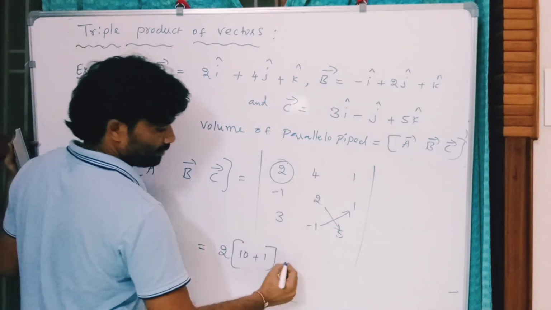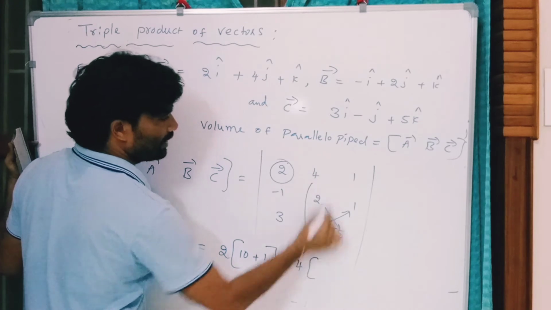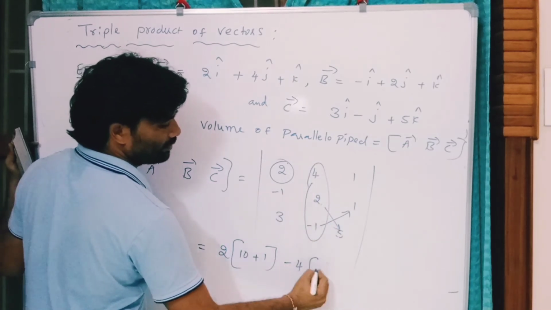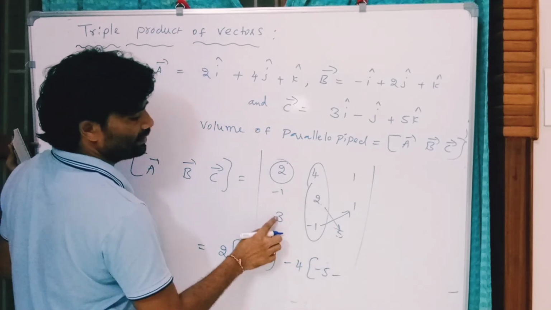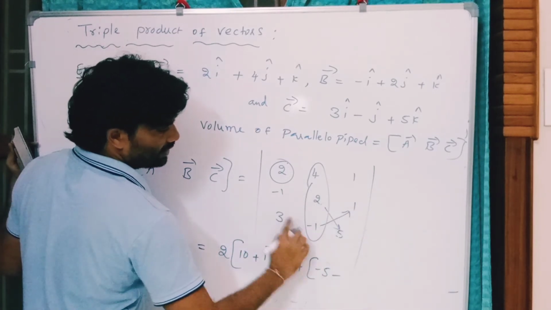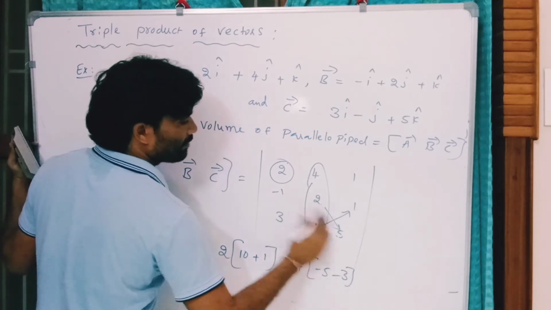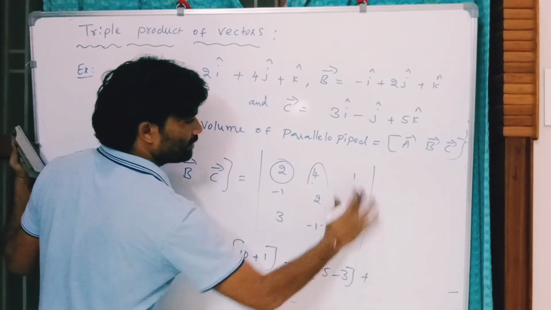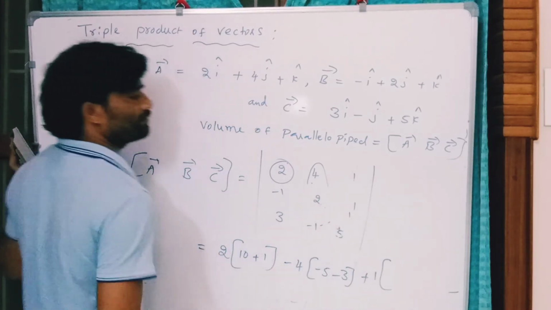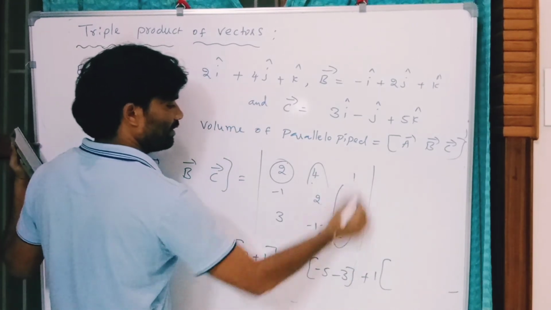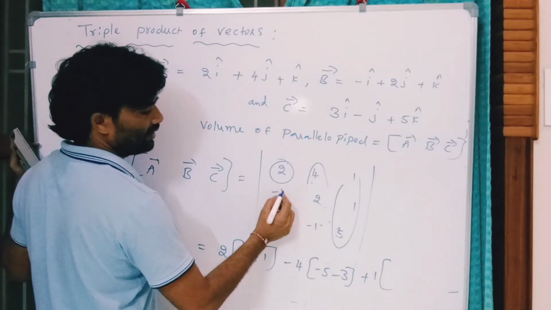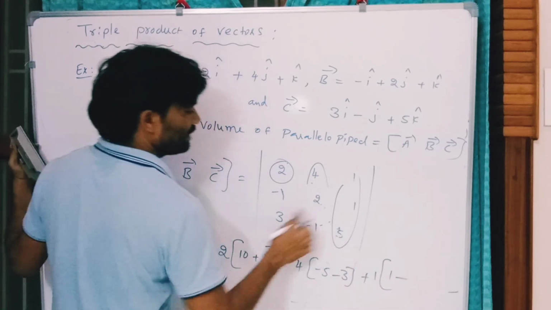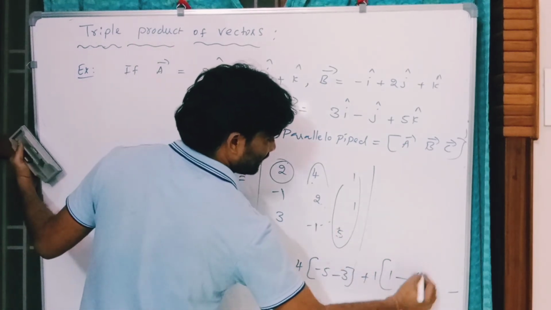And this term is minus 4. When you take 4 leave this column, this into this, minus 1 into 5 is minus 5, minus 3 into 1, that gives 3. Then take this 1: when you take 1 leave this column, this into this, minus 1 into minus 1 is 1, minus 3 into 2 is 6, that is 6.